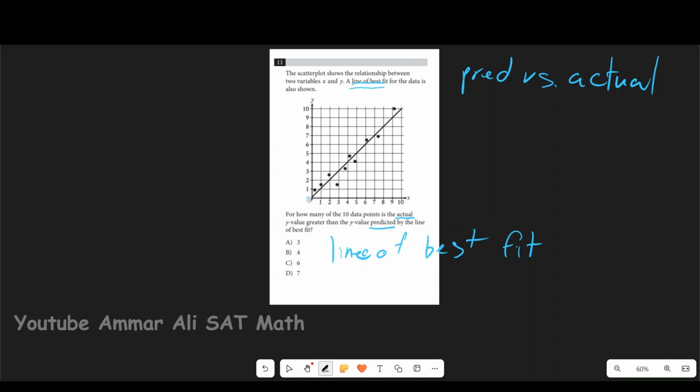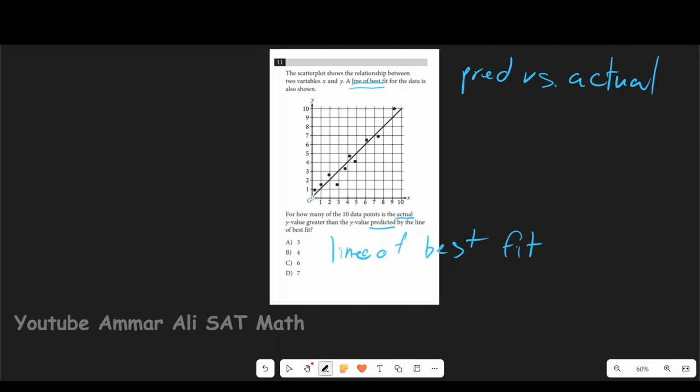So when x equals 2, the predicted y value might be like 2.25, but the actual y value is the point itself, not the line. So the point here is at like 2.5. We need to count how many of the data points, or the actual values, have a y value above the predicted value, which is just the line.